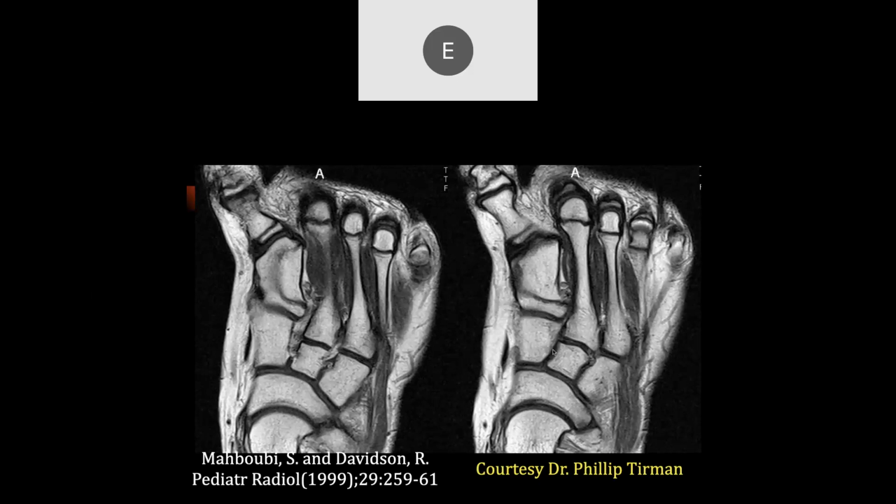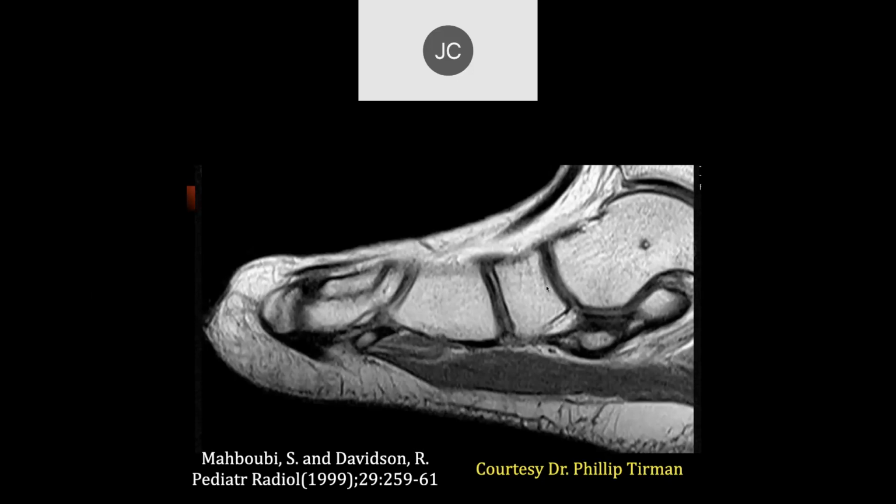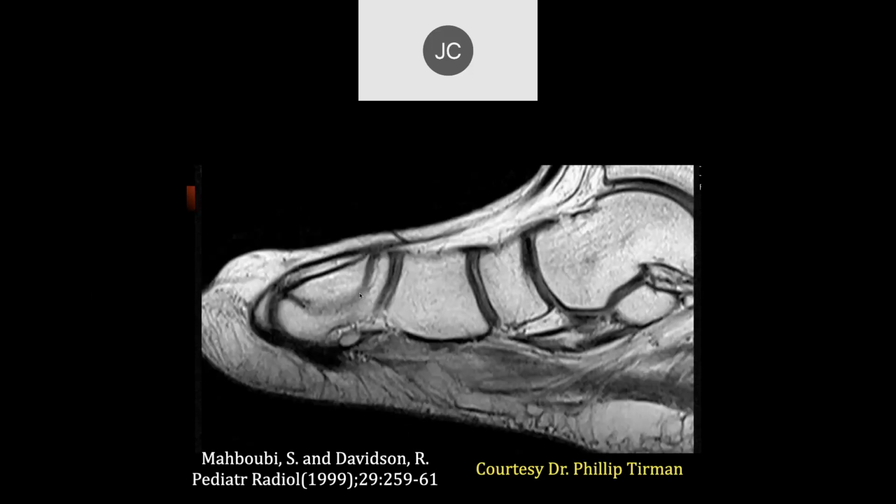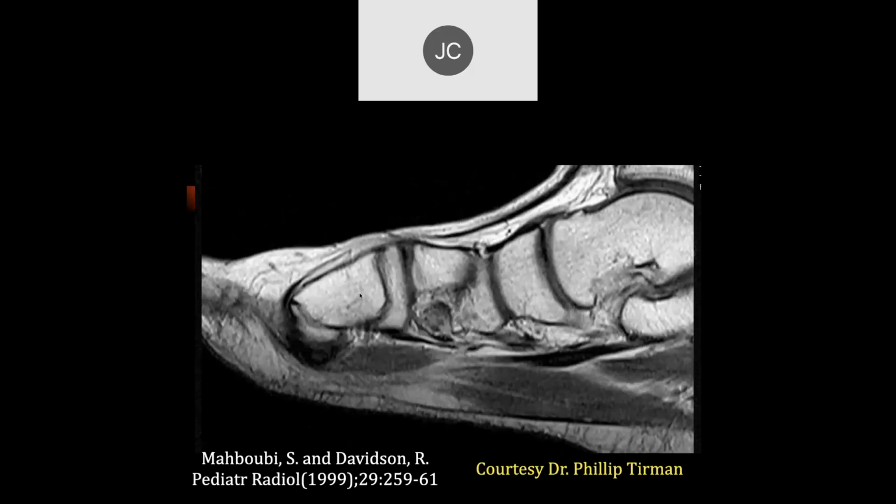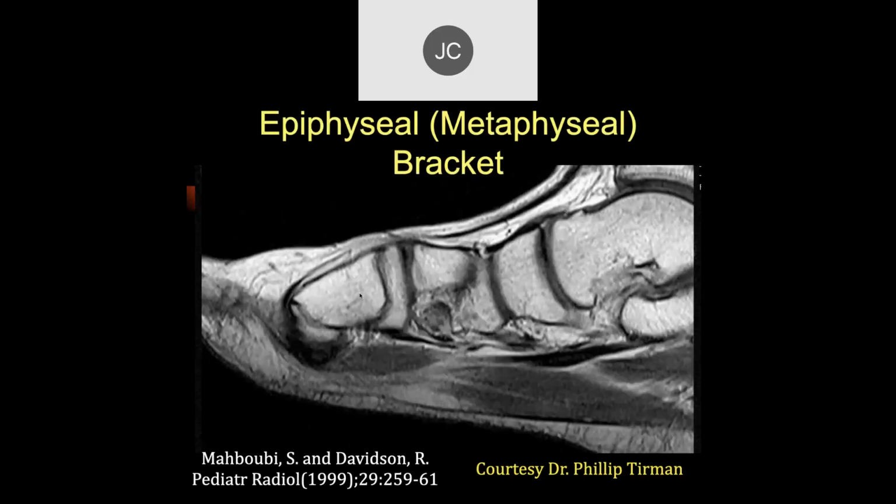Looks like a growth plate, also kind of cutting in the middle longitudinally. Right. And so here's what it looks like on the sagittal images. Very funny appearance with a kind of growth plate going across in an oblique way. And this is called an epiphyseal or metaphyseal bracket. It's congenital and causes foot deformity.